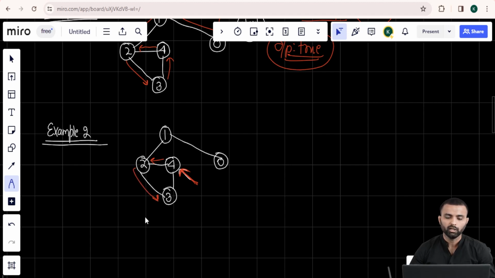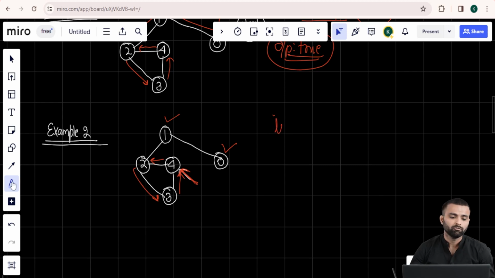From 3 I go to 4, but when I am at 4, I reach that vertex again, so I go to 2 again. It's a cyclic part. If you see 1 and 0, I am not able to visit those edges. So in this case my output is false.